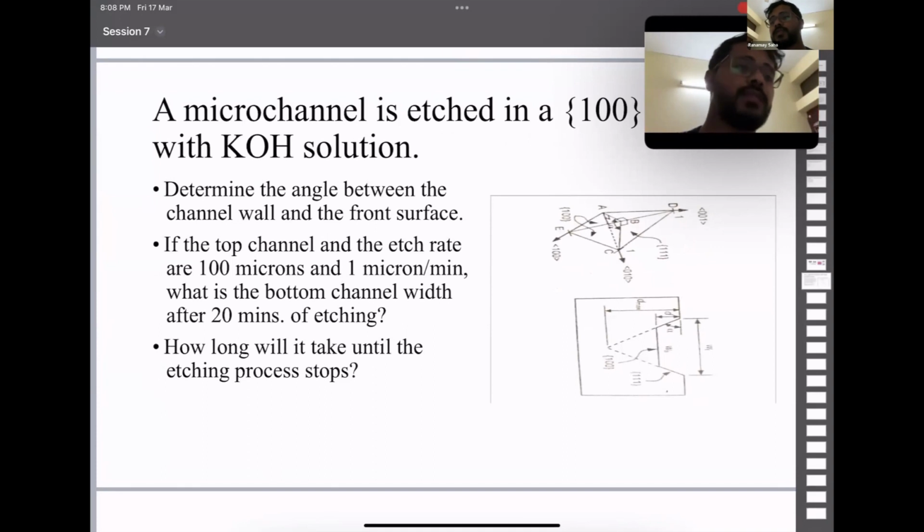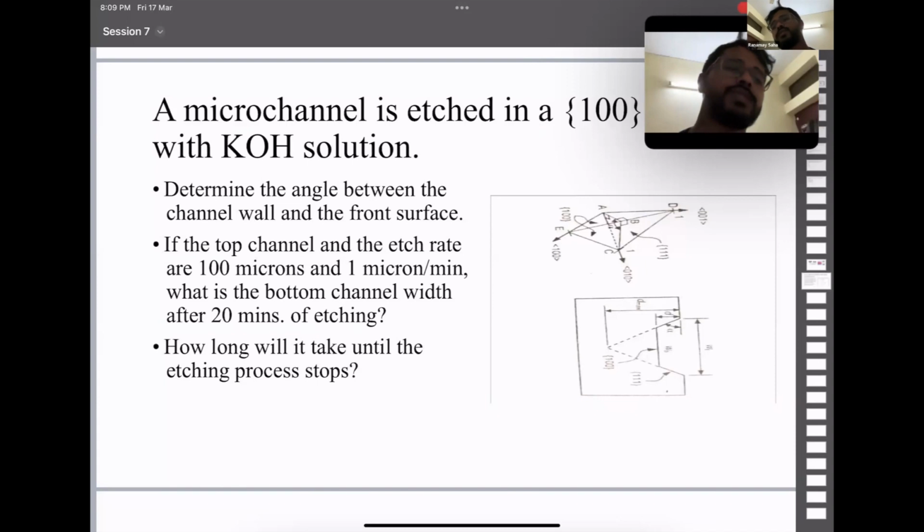If we check the diagram, the etching is happening in the 100 direction, as already told in your question. So the angle between the channel wall and the front surface becomes the angle between your AB and your BC, the angle alpha.